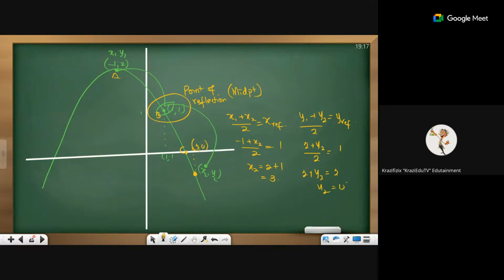All right. Let's look at number 4 quickly. Reflection number 4. Reflect along y is equal to x. This you have been doing, but you don't know that you've been doing it. This is just the inverse.